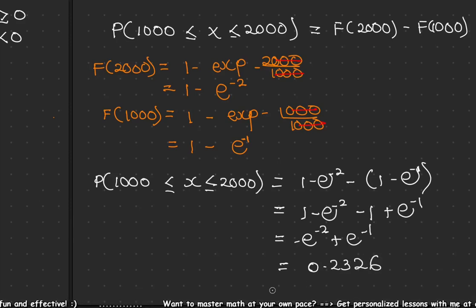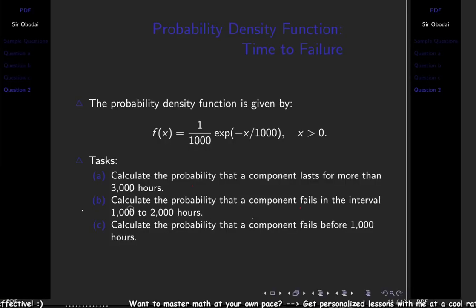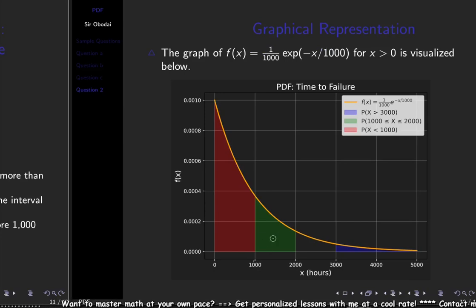So that becomes the probability that the component fails in this interval, or in other words, that is the area of the green portion we have over here. Now let's look at our very last question.